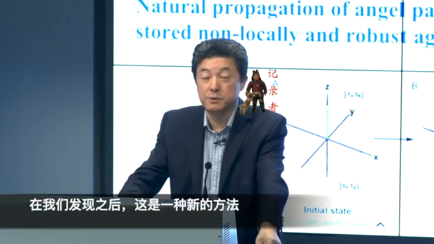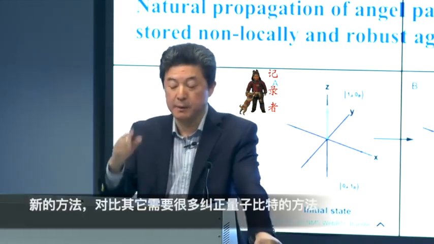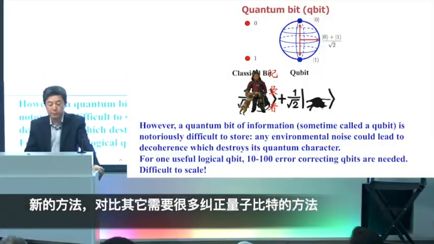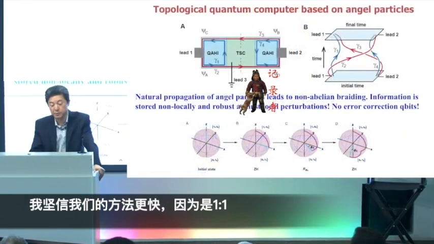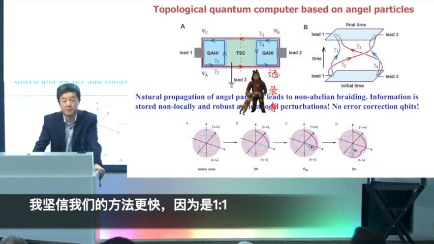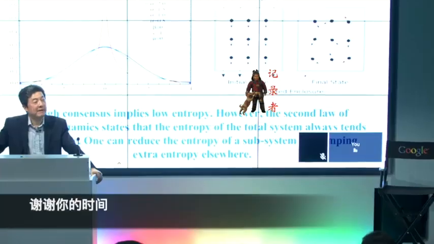After our discovery, it's still a new approach and it's coming up. Other approaches may already have many, many qubits, but a lot of them serve as error-correcting qubits for one useful qubit. I believe our approach will eventually scale up much, much faster because it's one-to-one. Thank you for your time.